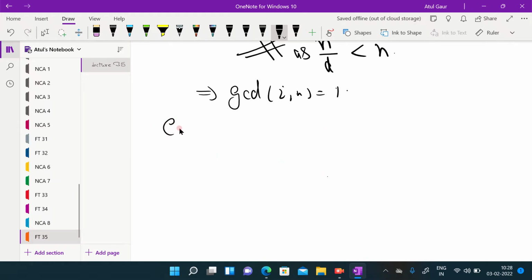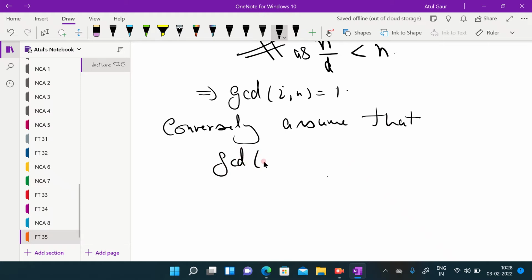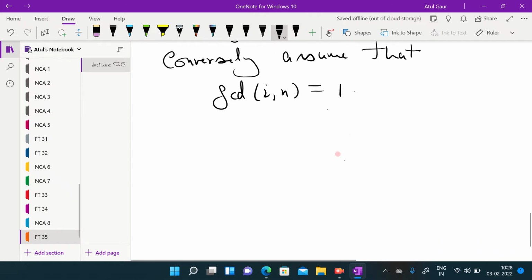Conversely, assume that they are relatively prime. Suppose this is 1, and suppose the order of tau power i is m.